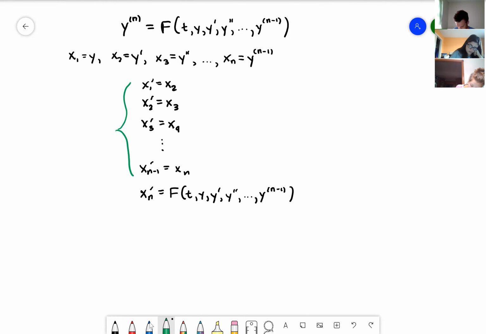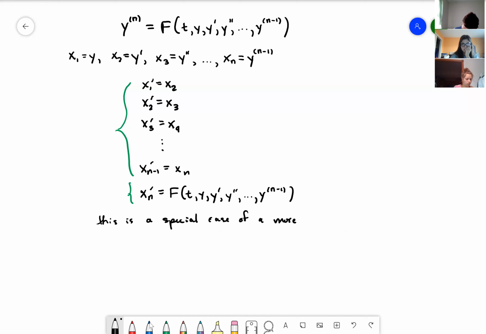So all of these look like a very different form than the last equation in the system. And in fact, this is a special case of a more general system.